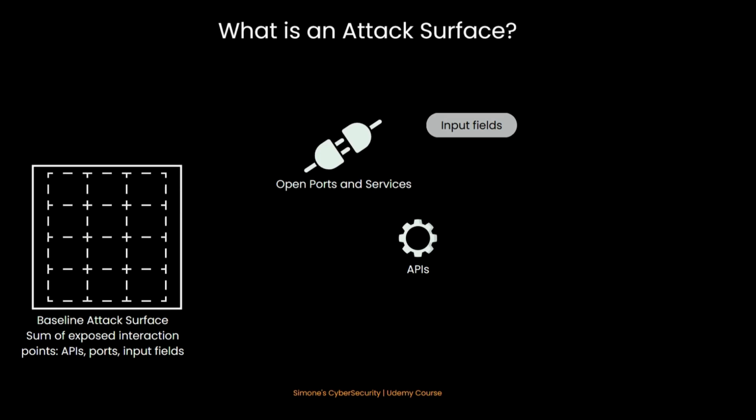Understanding this is the first step towards securing any system. But here's the challenge. As systems evolve, integrate with third-party tools, or go cloud native, this baseline doesn't stay small, it grows. In the next slide then, we will explore how attack surfaces expand and why that expansion matters.